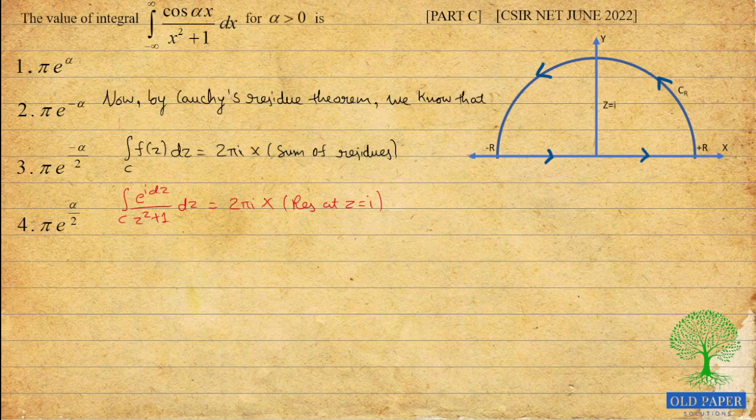This we can further write as the integral from minus R to R of e to the power i alpha z upon z square plus 1 dz is equal to 2 pi i times the calculated residue at z is equal to i, which is e to the power minus alpha upon 2i. This is equal to pi into e to the power minus alpha, since 2 and i terms get cancelled.